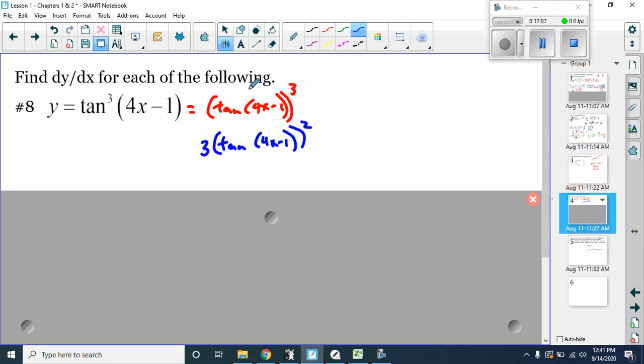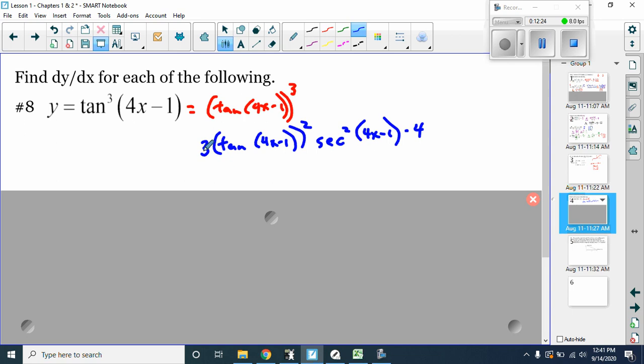So to take the derivative of tangent of 4x minus 1, derivative of tangent is secant squared times the derivative of the inside. Derivative of 4x minus 1 is 4.